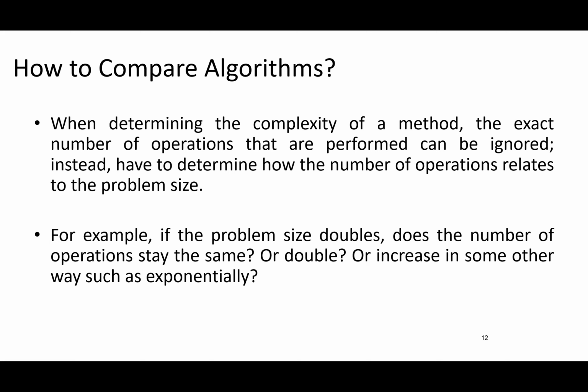Will it increase? Or let's say the size now becomes 1000. How much time does it take? Definitely it will be longer compared to when your size is 10 or 20 or 30.